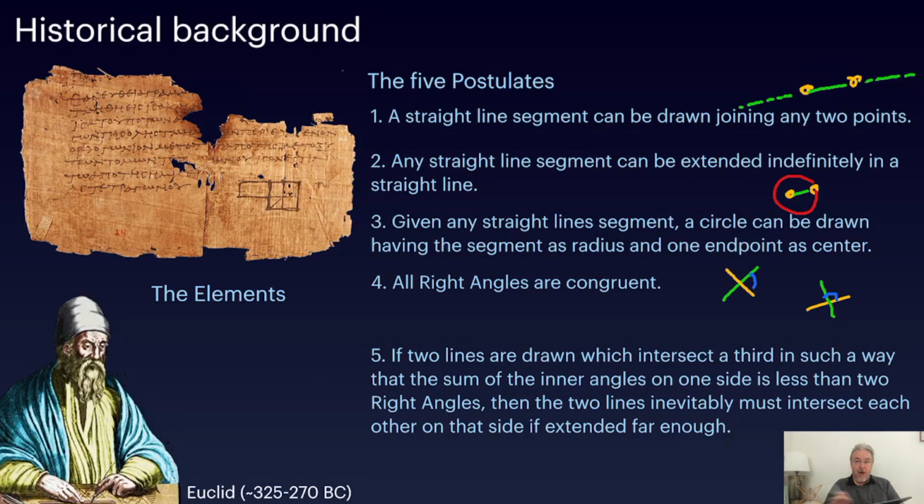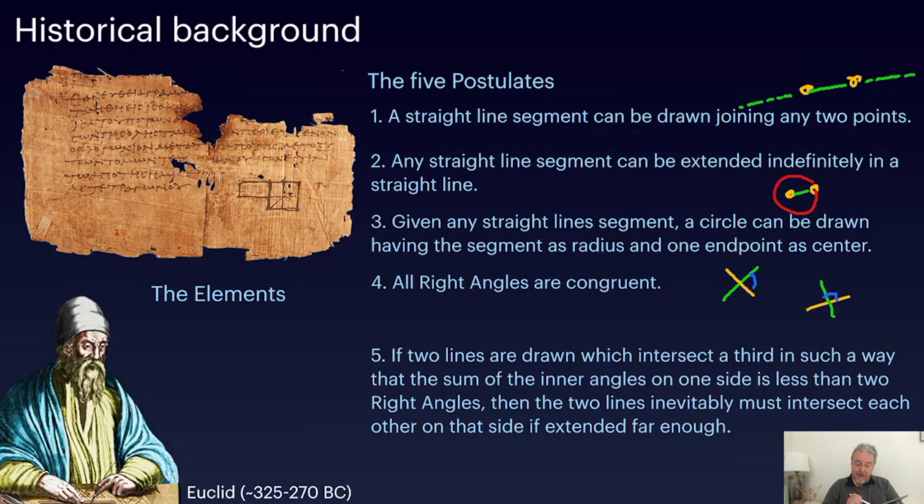Actually, it reads somehow like the small print in a mobile phone license agreement, if you compare it to the other statements. I won't explain what this exactly means, but I will give you some equivalent formulations of that in a minute. What really happened is this last postulate looks so different from the other four, and as a matter of fact, in his first 4 books of the Elements, he only used the first 4 axioms and not the fifth.